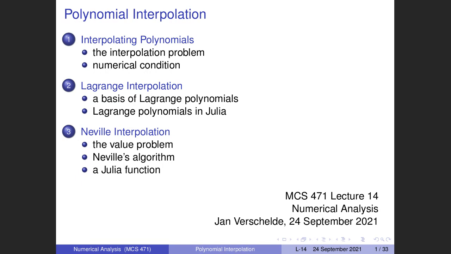We may be interested in the full coefficient vector of the polynomial. So that is the coefficient problem. To solve that coefficient problem, we will see the basis of Lagrange polynomials, so also called Lagrange interpolation.